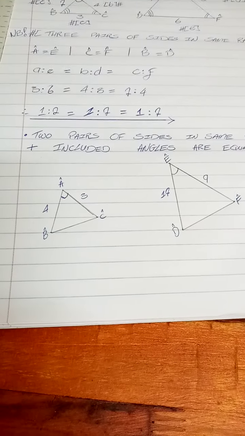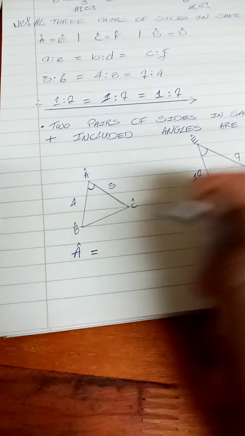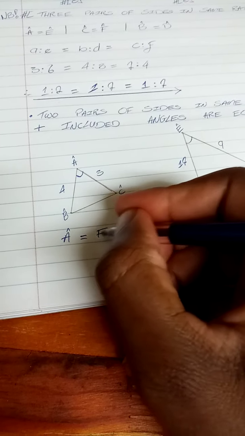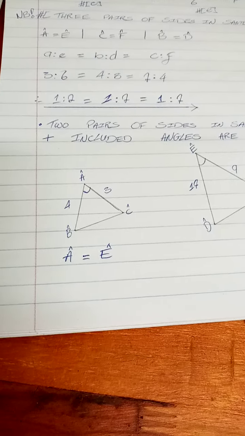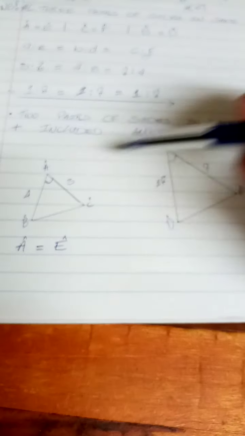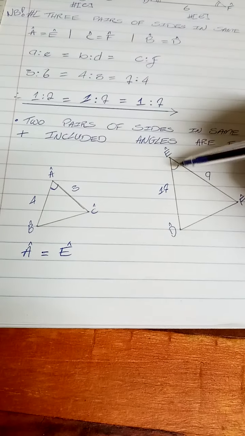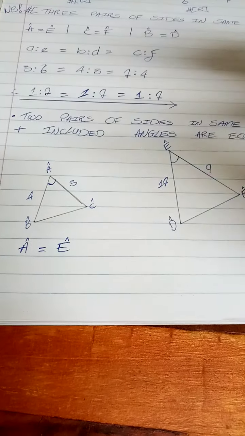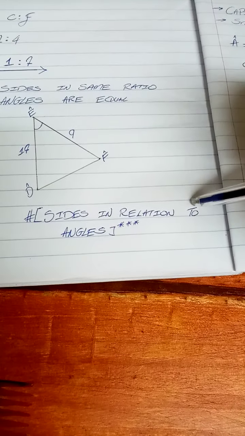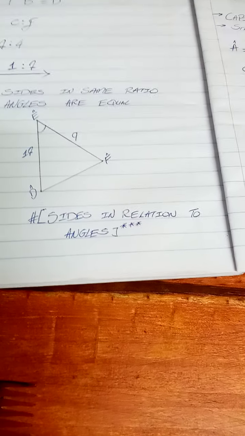So basically what this means is A is supposed to be equal to E, right? But now one thing you should also look at, since A is equal to E, we have to look at the sides in relation to the angles, to the positions of angles basically.